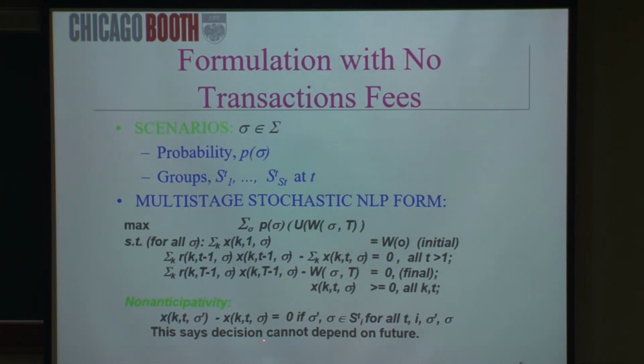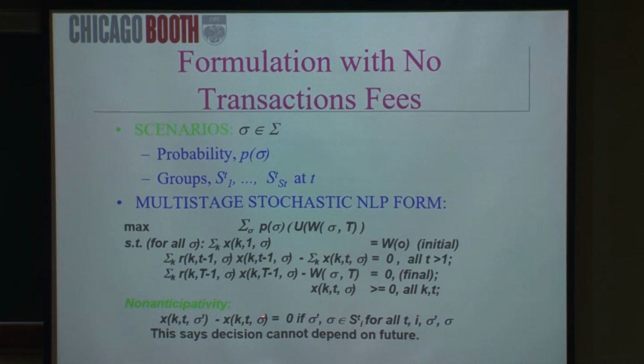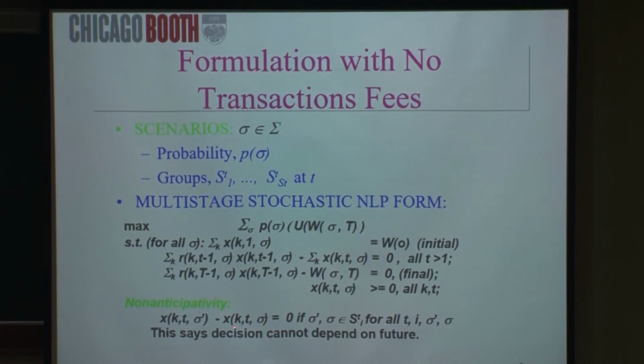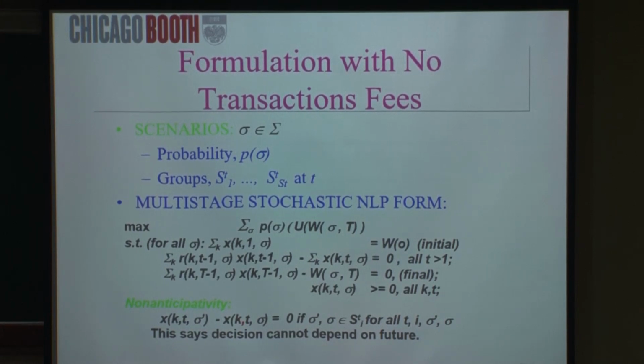So that says the decision cannot depend on the future, or the decision cannot anticipate the future. So we call that non-anticipativity. And that's a way to write as a constraint that my decisions are only adapted to the actual information. They can't use information that hasn't been revealed yet.